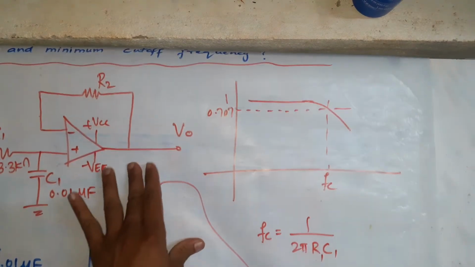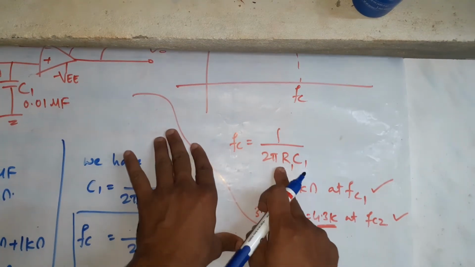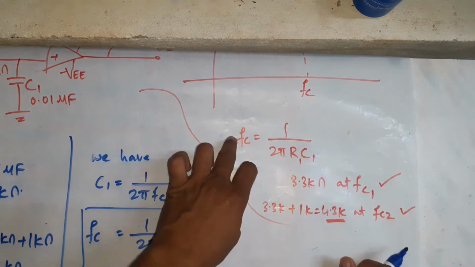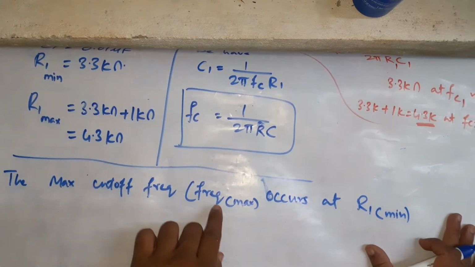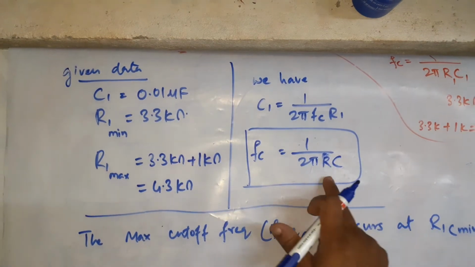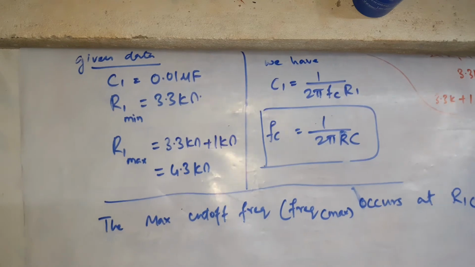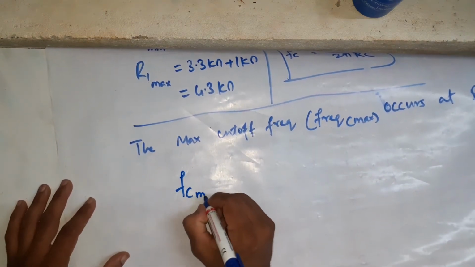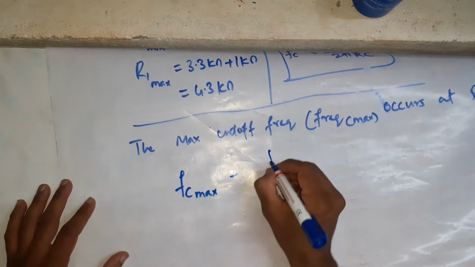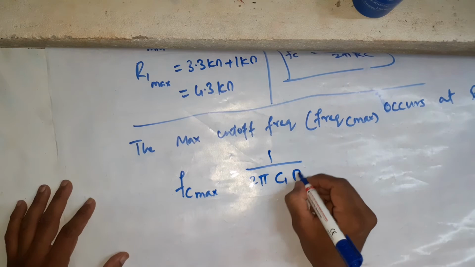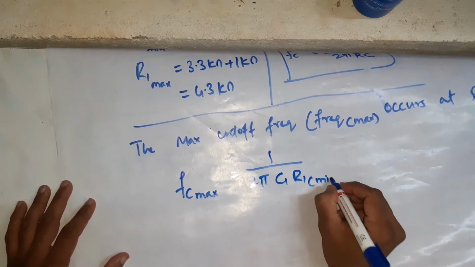See this formula: lower the resistance, higher will be the frequency. So for higher frequency, R1 will be minimum. You will be using R min here. Therefore, for maximum cutoff frequency, we will be using 1 over 2 pi C1 R1 minimum.